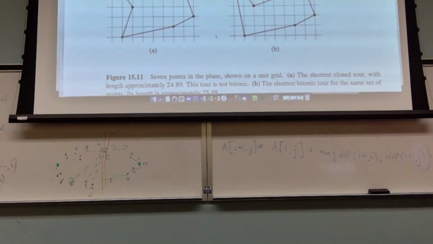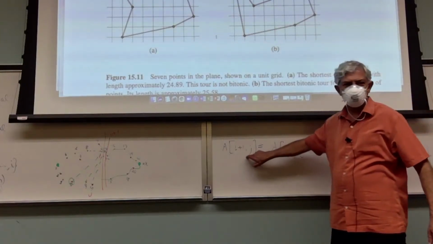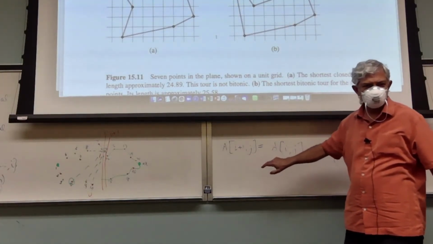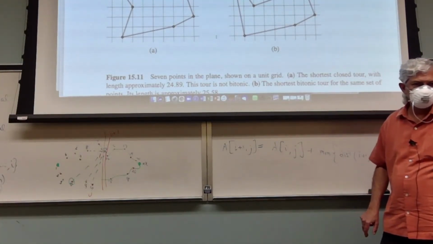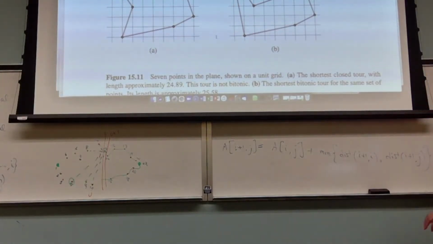What's the issue with that? He brings up a different question, but the issue that I have is if I add this edge from I plus 1 to j, I don't get I plus 1, j, but I actually get I plus 1, i. Okay, so this is not really solving that problem, it's solving some other problem.